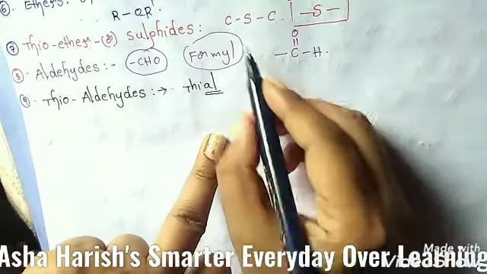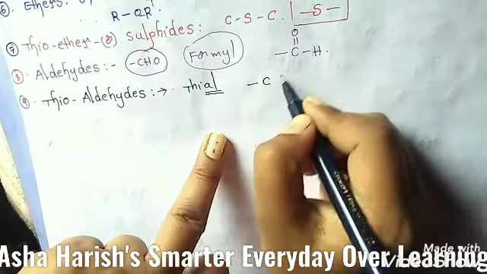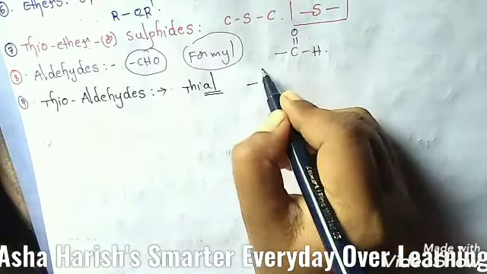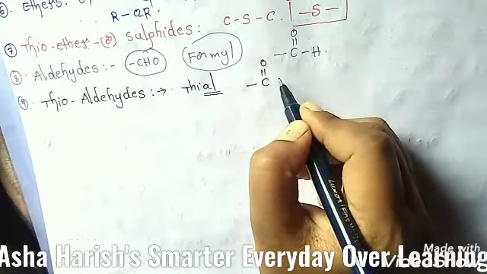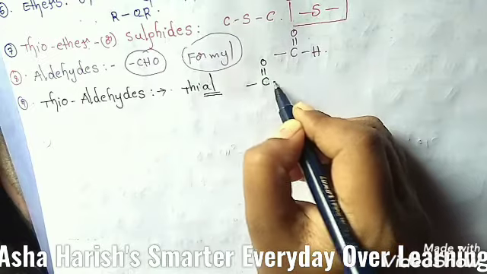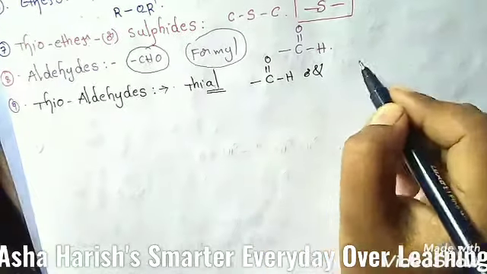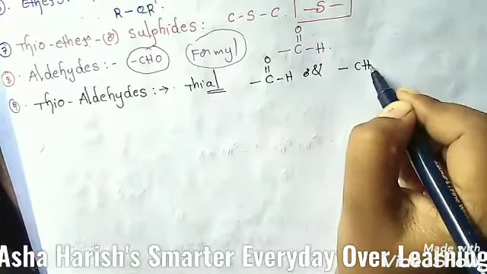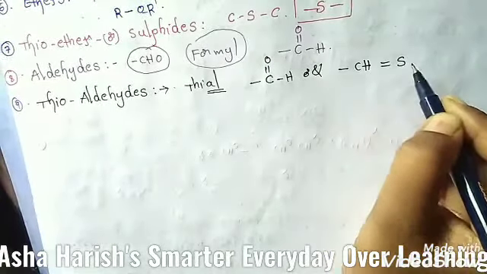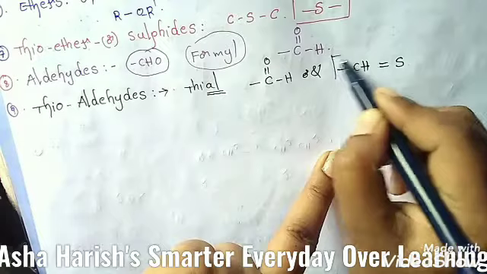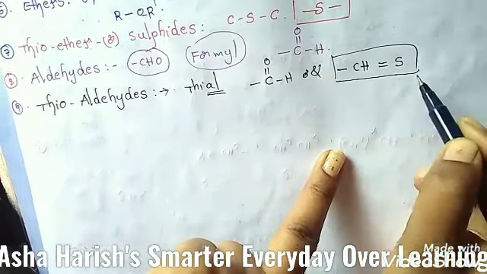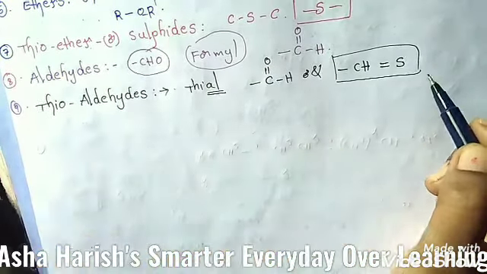The structure should be C double bond O, H is the aldehyde group, and then for it CH double bond S. This is the main structure for the thioaldehyde group, right?